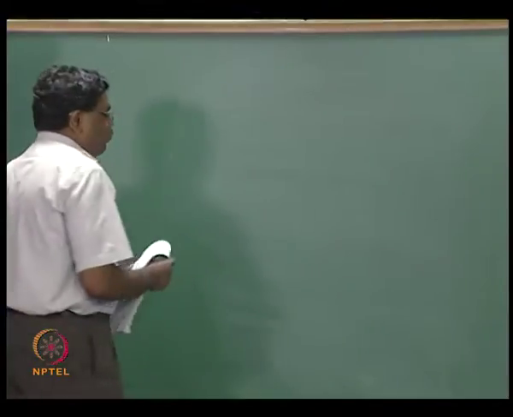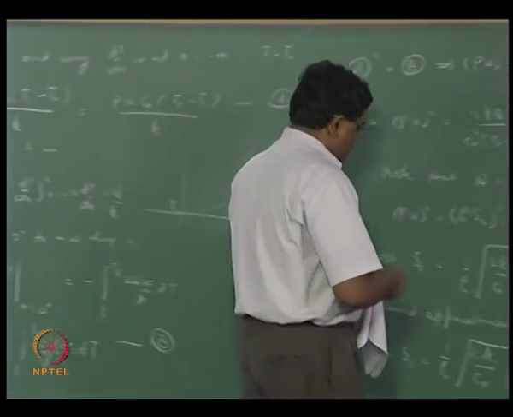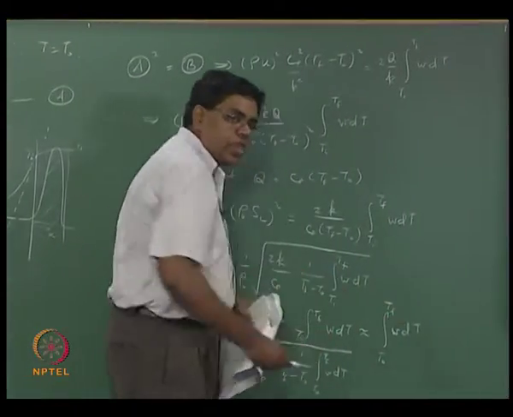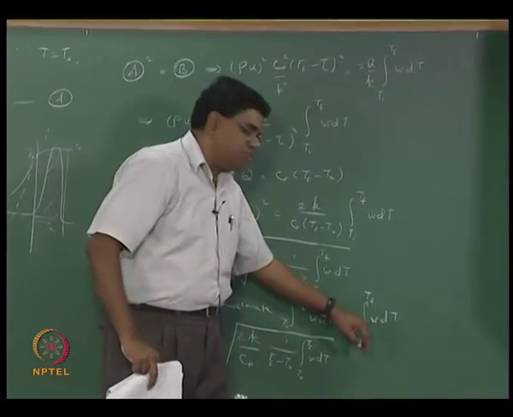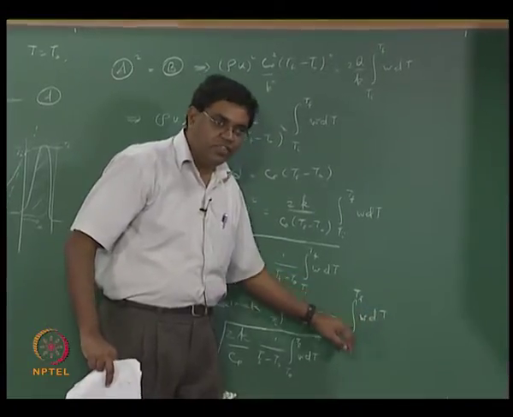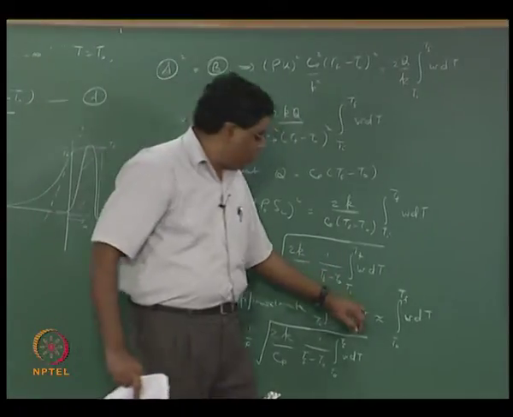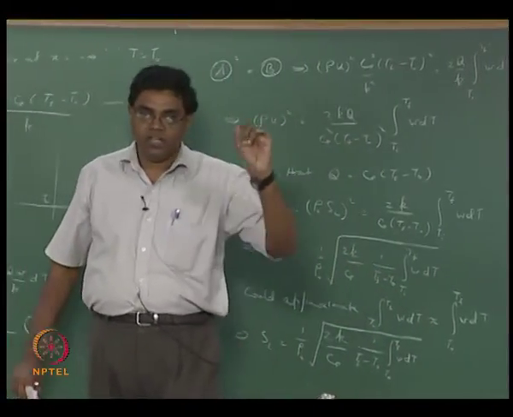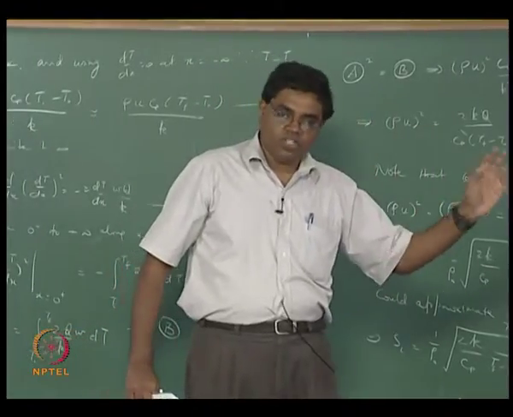We want to see if we can evaluate this integral. That means we now have to explicitly take into account the dependence of W on temperature. And what is that dependence? That dependence is essentially given by the Arrhenius law, where we are now saying W is going to be A e to the minus capital E over RUT times concentrations of the reactants.